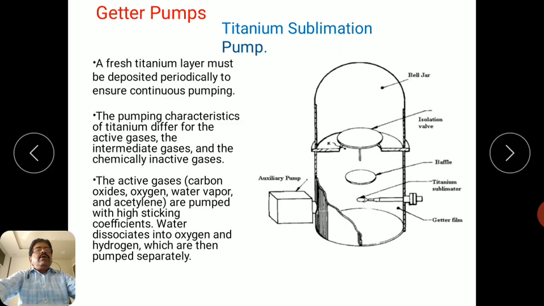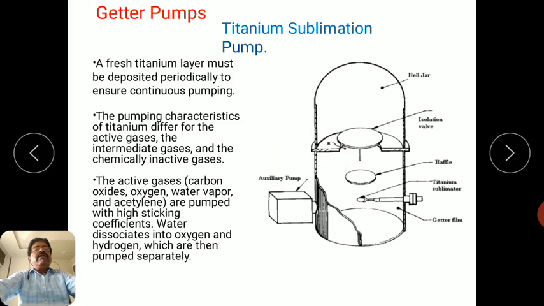Okay, so you know that when a thin layer is formed, gas molecules will come over here and form a chemical compound like this. After some time you will find that this surface is entirely covered with the compounds formed by these gas molecules. So later on the efficiency of pumping will decrease.